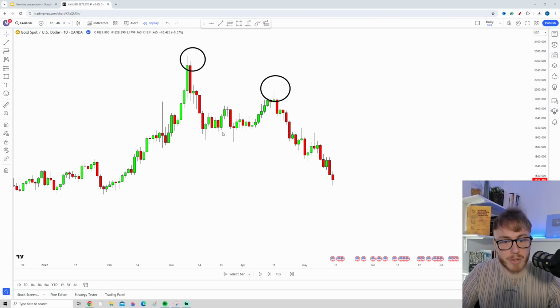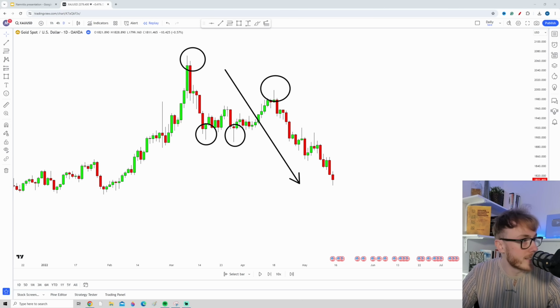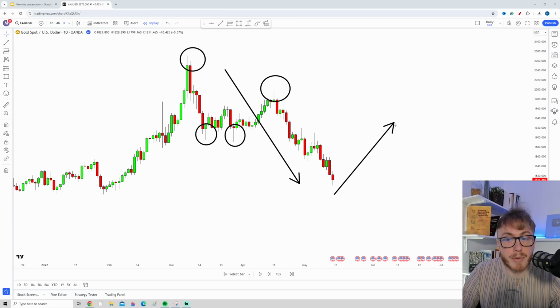Then we had this low right here, which is pretty much some sort of double bottom. But then when the price broke below the recent lows, we actually know that we are in a downtrend, because when the price reverses, we will create a new low, and this will be a lower low. So we will have both lower highs and lower lows.